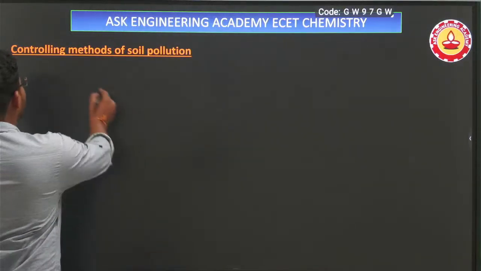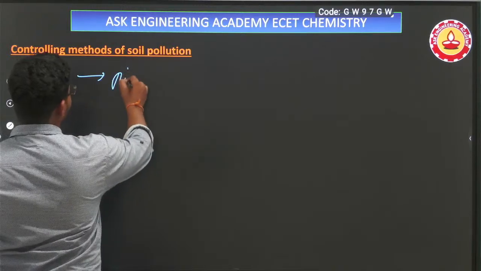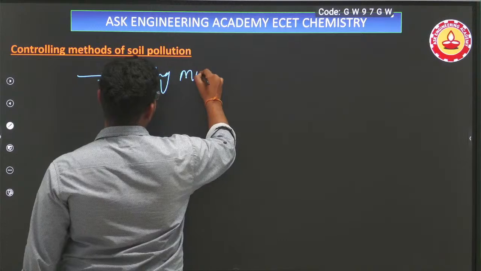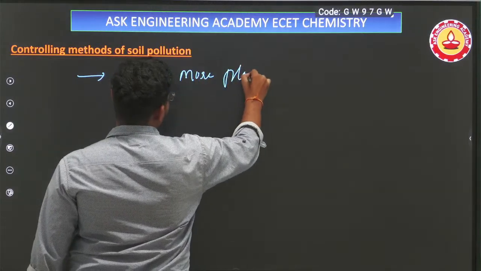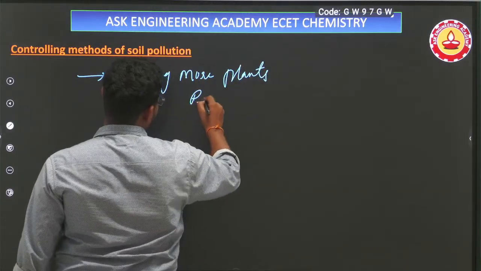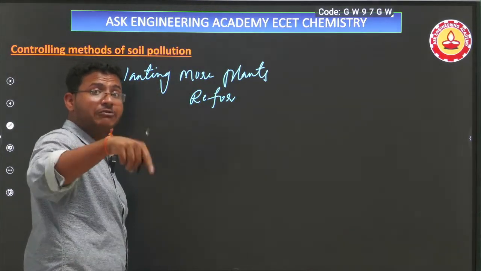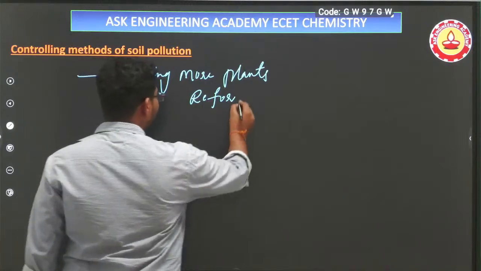And controlling methods of soil pollution: generally by planting more plants. This is called reforestation, which is the antonym, the opposite of deforestation.